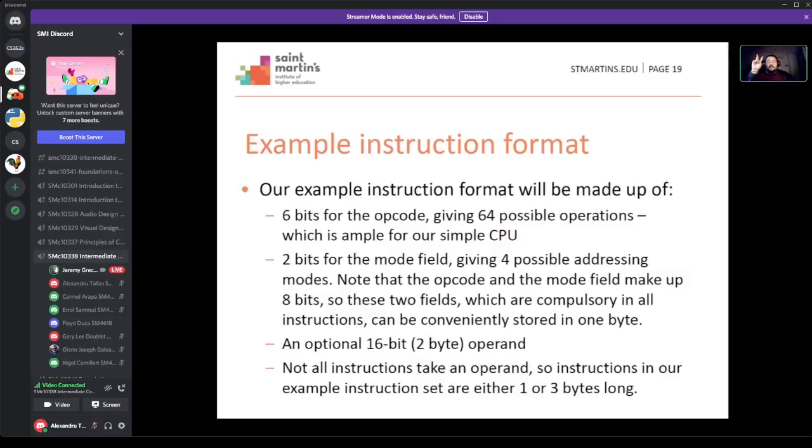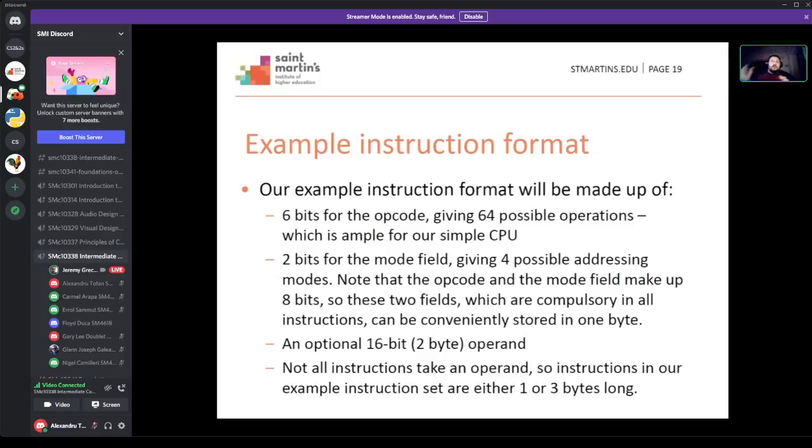We're going to be reserving 2 bits for our addressing mode, and using the other 16 bits, sorry, for our operand. So essentially, we have 8 bits for our opcode and addressing mode, and 16 bits for our operand.